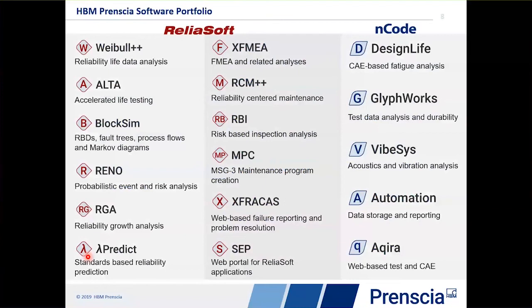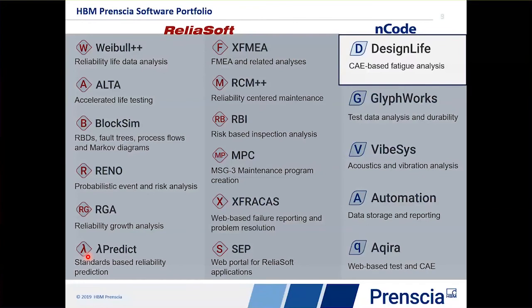And the ones I'll be talking about today are in the right-hand column there. These are the Encode tools, and there we're looking at durability, analysis of fatigue and durability based on FE data and based on measured data too. In this particular presentation, we're concentrating on this one here in design life, and we're looking at design life analysis for additive manufacturing.